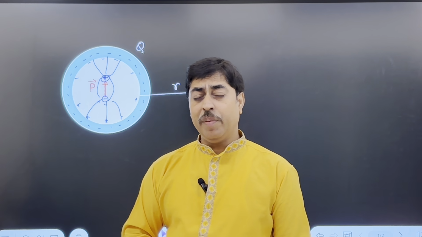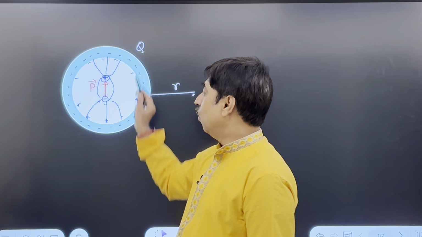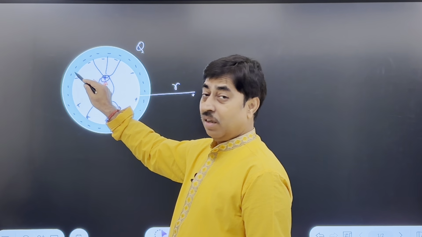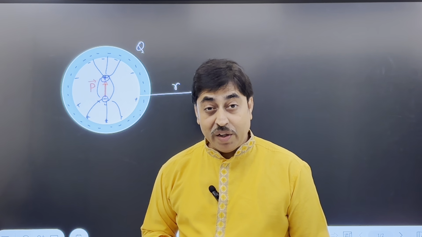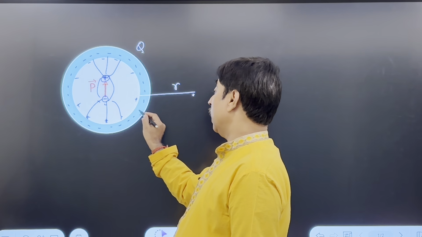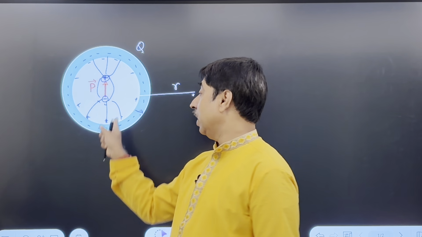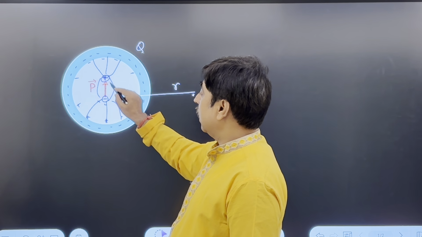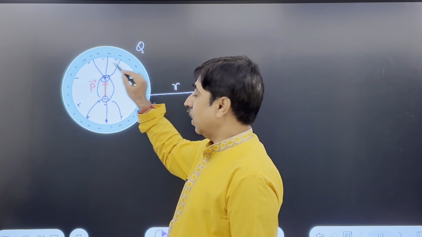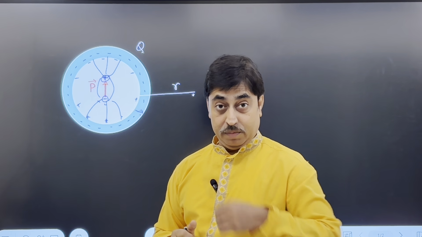But whatever it may be, one thing is sure, no field line can exit this region, because here we have metal, and inside metal we don't have any electric field. So there is no electric field line present in the metal. No field line can penetrate through the metal. So the net effect is that this dipole and this induced charge form a closed system.